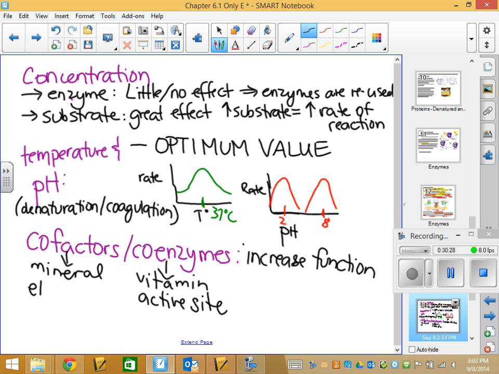Cofactors attach elsewhere. So very much like competitive and non-competitive inhibitors, the difference was where do they attach. Now you might ask yourself, well, you just told us if that happened, that was bad. How could this be good?